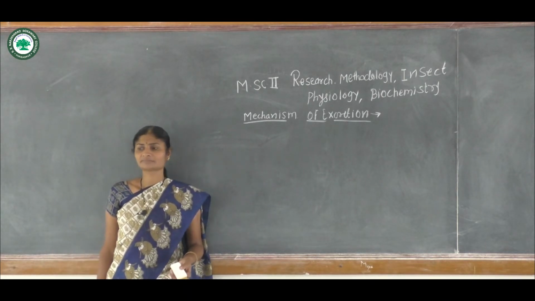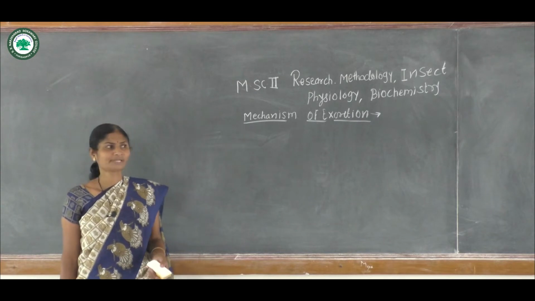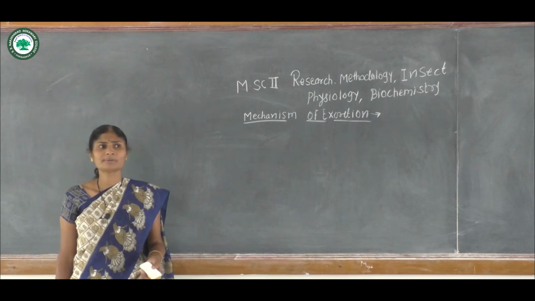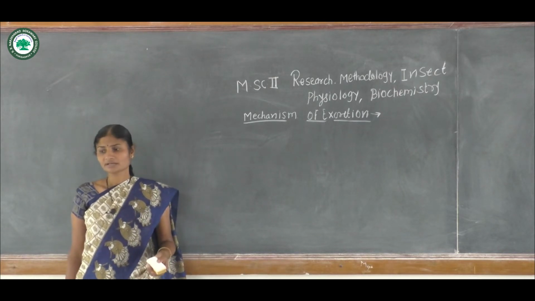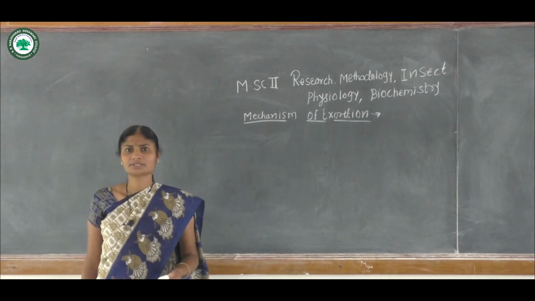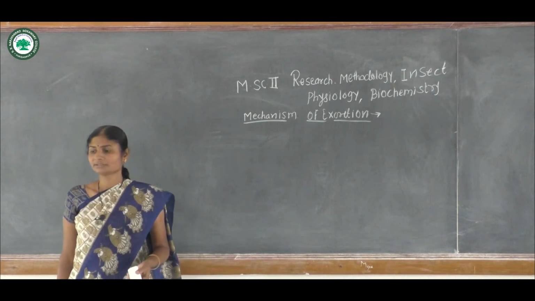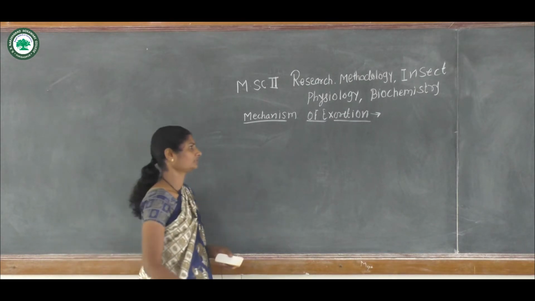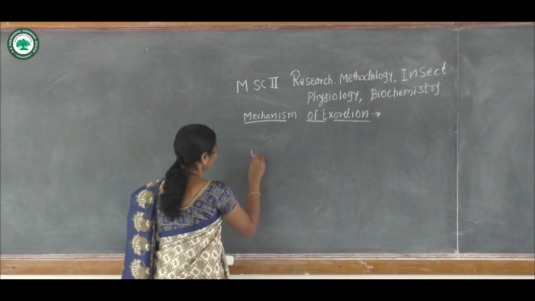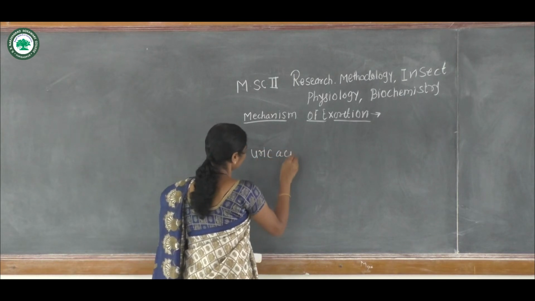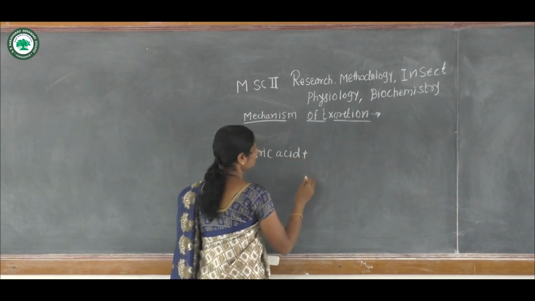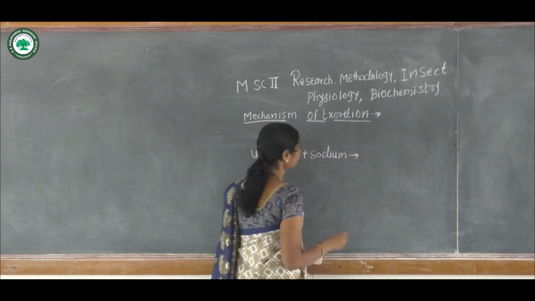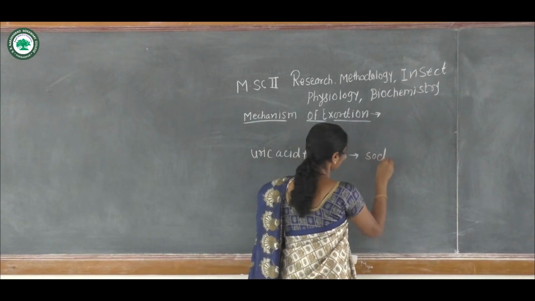Terrestrial insects are uricotelic animals like reptiles and birds. Their principal excretory product is uric acid, and in the hemolymph, uric acid combines with sodium and converts into sodium urate.